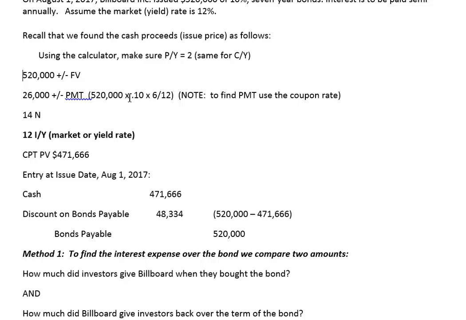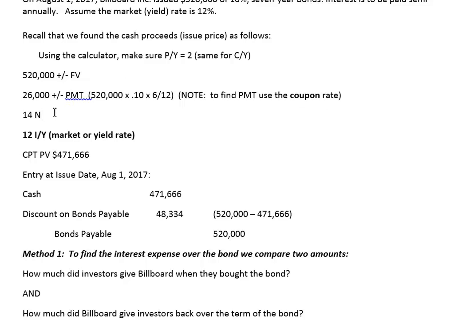So we've got a 10% annual coupon rate, but we have to pay interest twice a year, every 6 months out of 12. So if the 10% represents a 12-month rate, we only want interest payments for 6 of 12 months. And notice that to find our PMT, we use the coupon rate. We don't use the market rate, we use the coupon rate, to find our PMT.